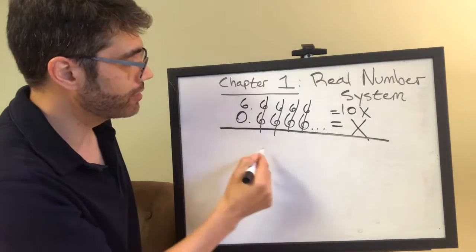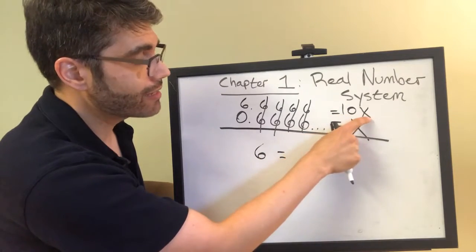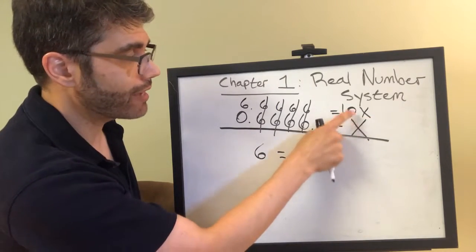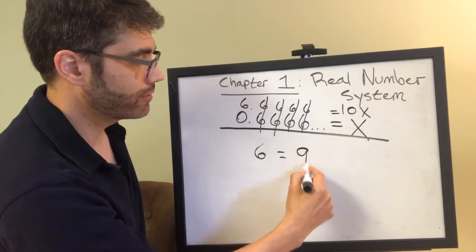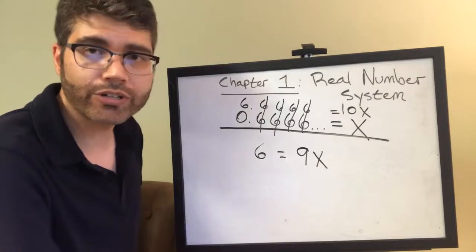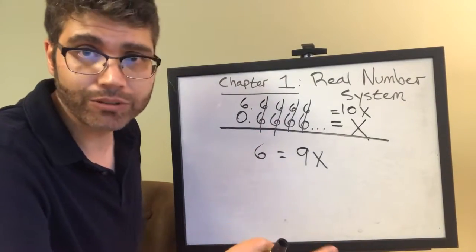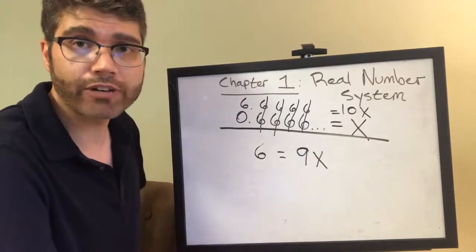And 6 minus 0 is just 6. And then over here, 10x subtracting 1x is 9x. So now do you see that we've come up with an equation where we don't have any decimals, let alone repeating decimals? So now let me just solve for x.